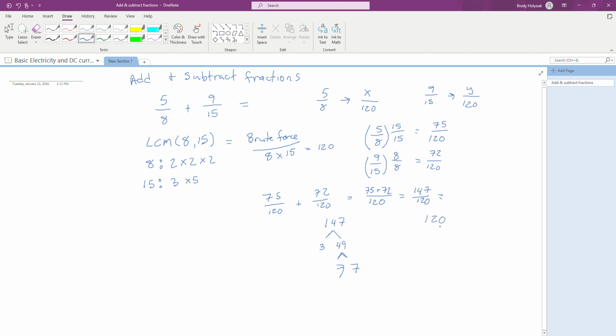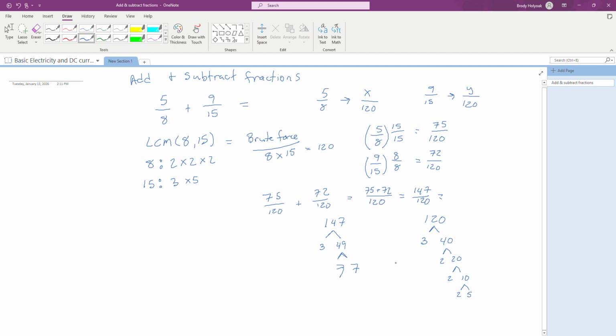120, so we're looking for common factors to be able to take it out. So I know I'm going to want a 3 out of there because I have a 3 over here. So if I take my 120 and divide that by 3, I'm going to get 40. And then 40 I know is divisible by 2, so that gives me 20. 20 is divisible by 2, so that's going to give me 2 and 10. 10 is going to give me 2 and 5.